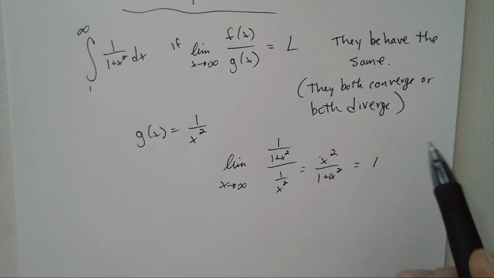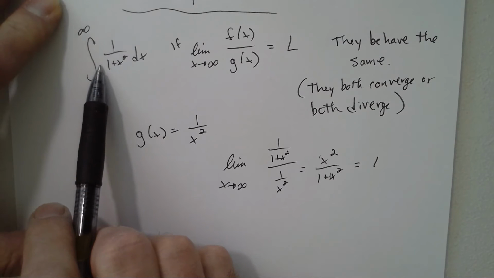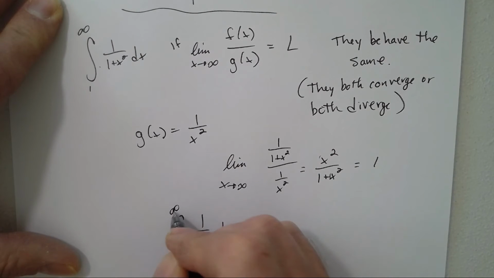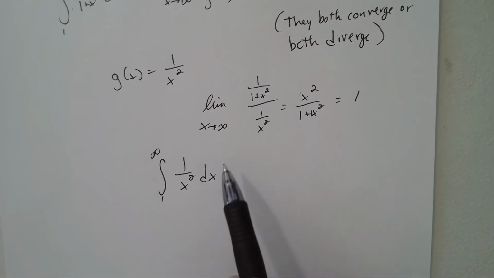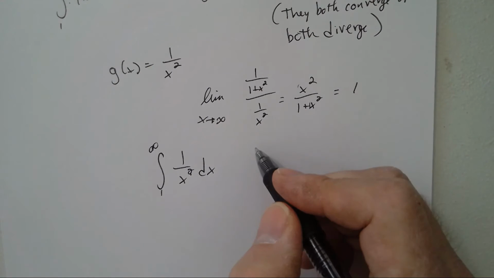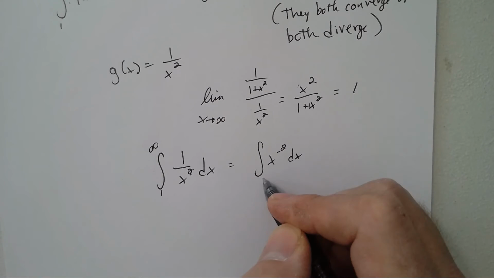Okay, so we know that our integral here is going to behave the same as this integral, 1 over x squared dx from 1 to infinity. We know they're going to behave the same. So now we need to know what this one does. Well, we can find the integral of x to the negative 2 from 1 to infinity.